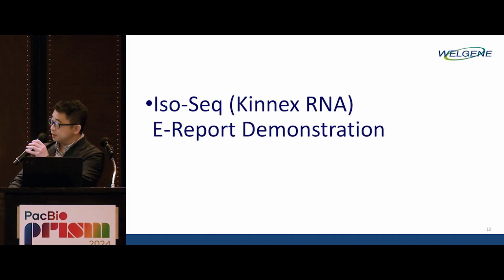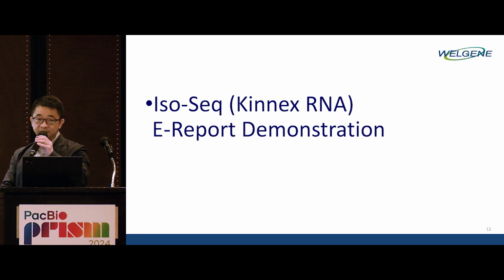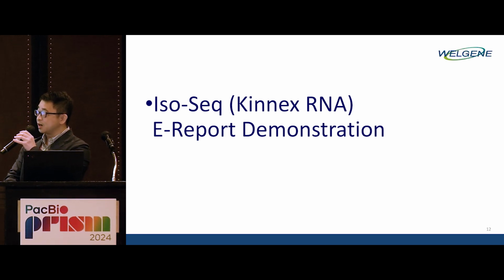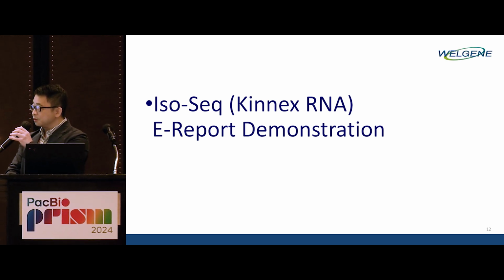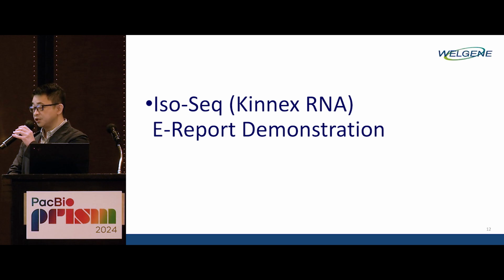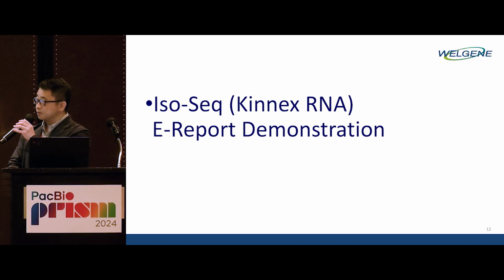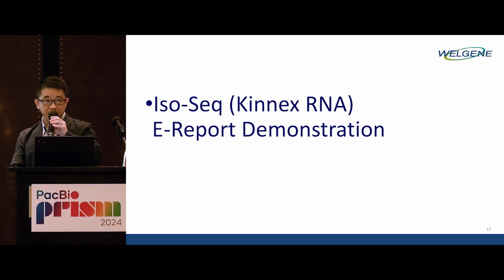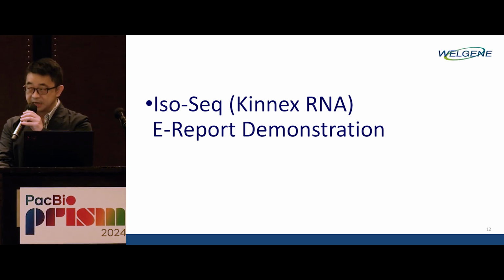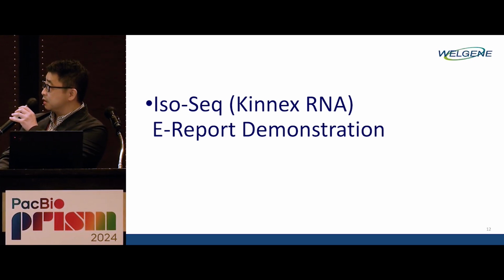Now, as you can see, the first part is the client information, such as the client name, telephone, which kit was used, or which species. The second section is some information and explanation of the analysis. Here I can drop down.